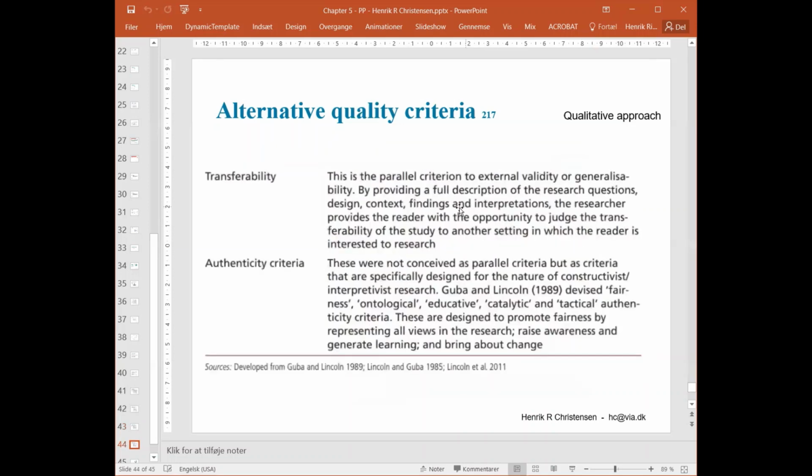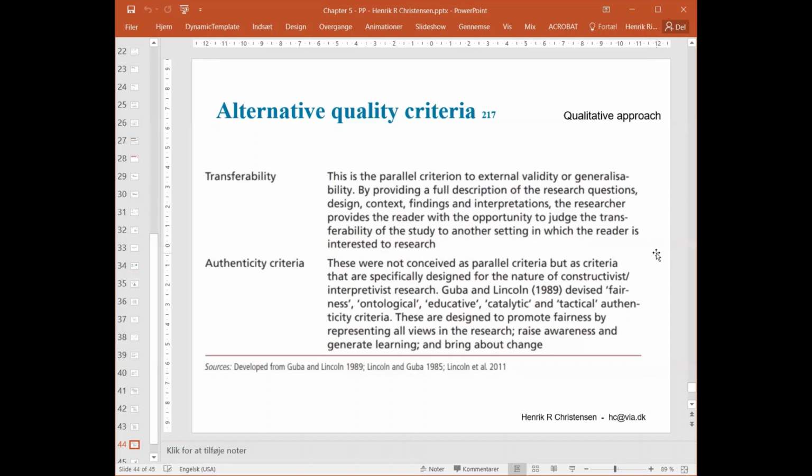And then transferability, it's about providing, as it says here, a full description of the research questions, design, context, findings, interpretations, etc. So again, having transferability simply means you need to document and make sure that everything is transparent, and that everybody can access what it is that you have been going through.